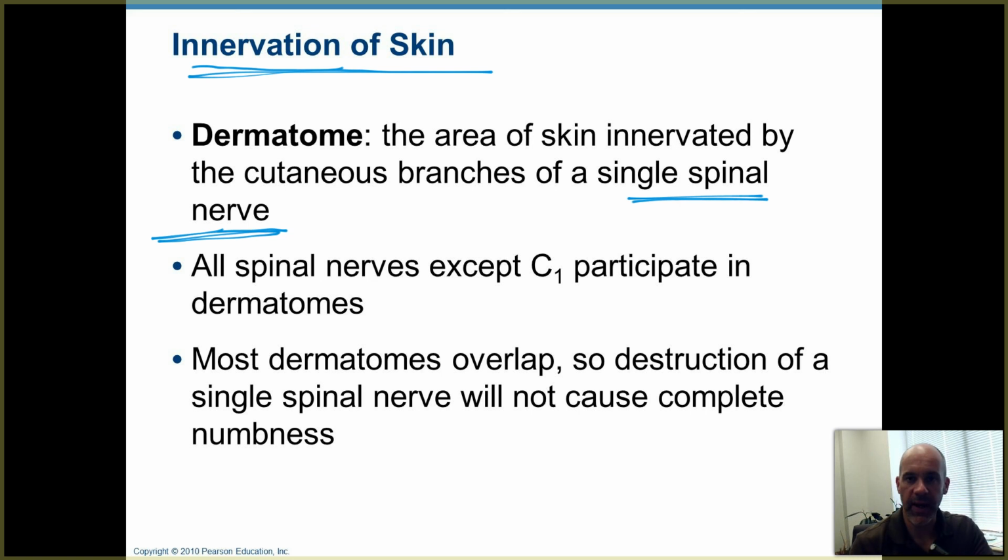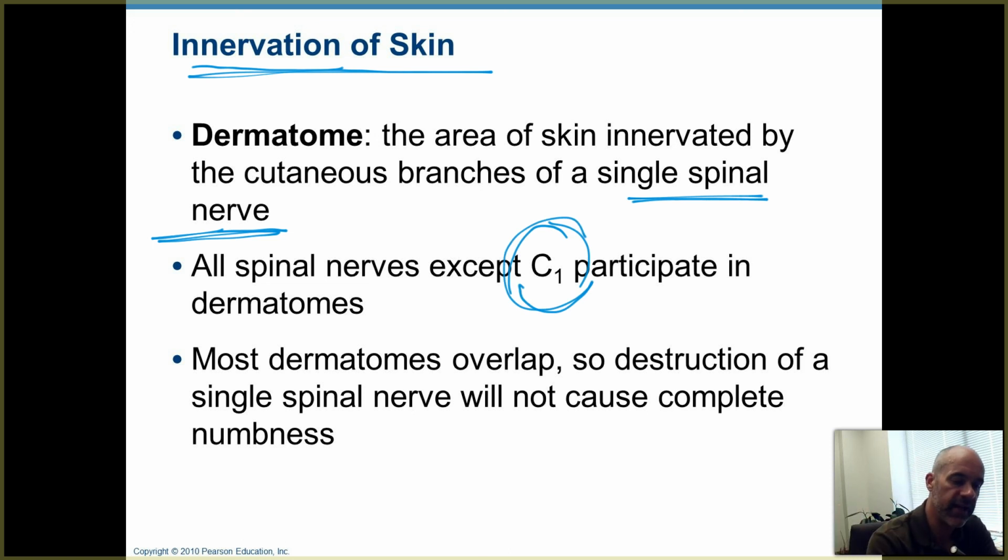Over on the anatomy side, you're learning that your spinal nerves, the main ones that branch off of the spinal cord, are named according to the vertebrae around which they branch off of the spinal cord. All of those spinal nerves except for C1, your uppermost spinal nerve branch, participate in what are called dermatomes.